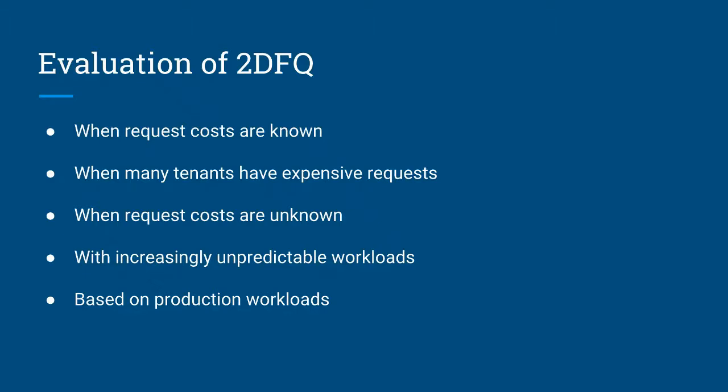And for increasingly unpredictable workloads, 2DFQE improves the tail latency of the predictable tenants by up to 100 times. And across a suite of experiments based on production workloads, 2DFQE improves 99th percentile latency for predictable tenants by up to 198 times.